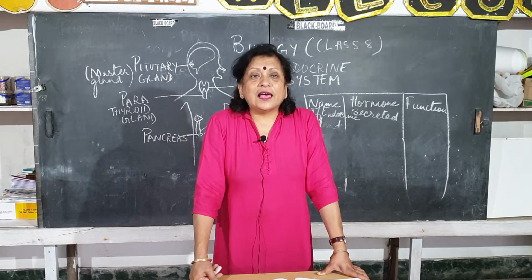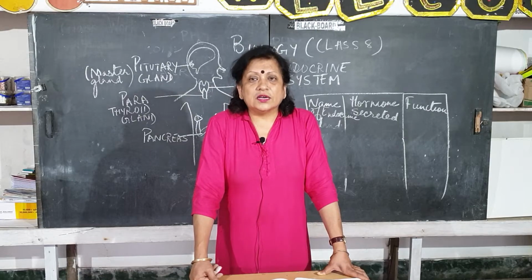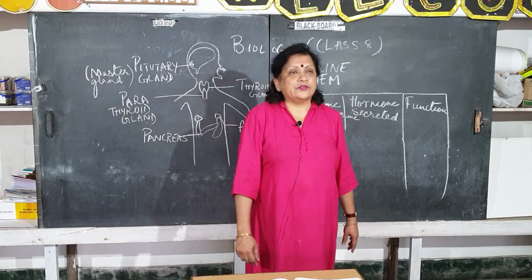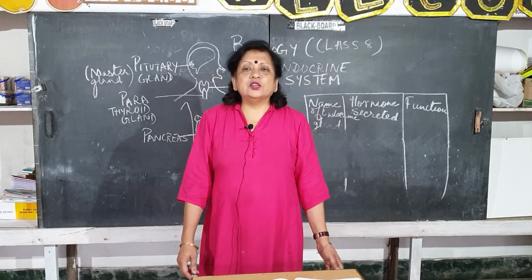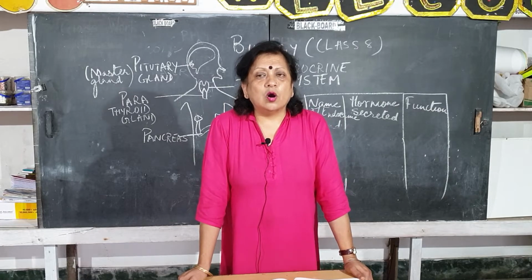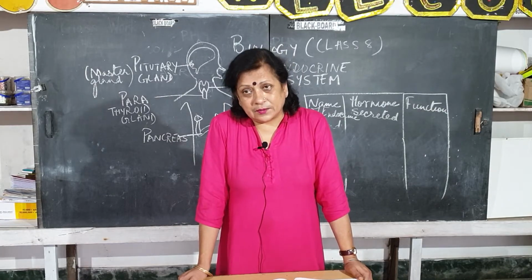The endocrine glands are also called ductless glands, as they pour their secretions directly into the bloodstream to be taken to the different parts and target organs of the body.